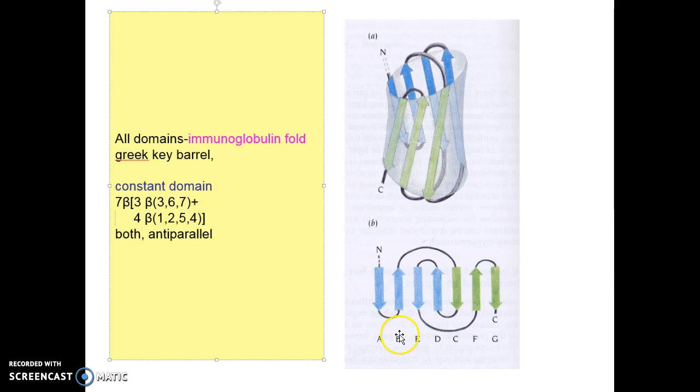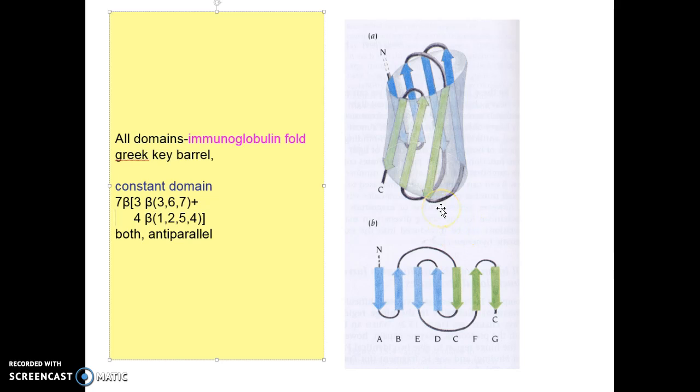So you can name each beta strand A, B, C, D, E, F, G. Loops are short, and the structure is the same in both heavy and light chains.